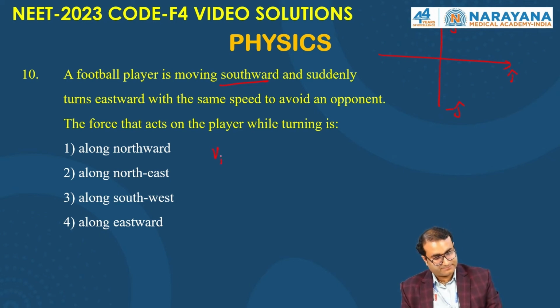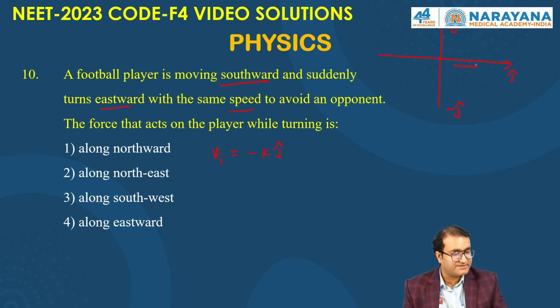Initial velocity, let it be minus some constant times j cap, so minus K j cap. With the same speed, it is turning towards east. So the final velocity is K times i cap.